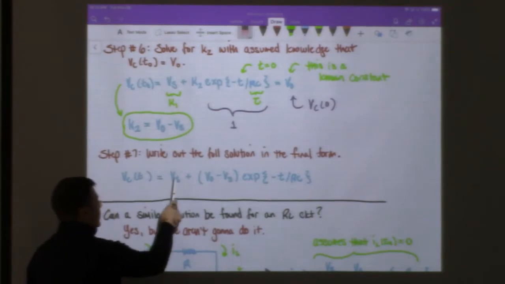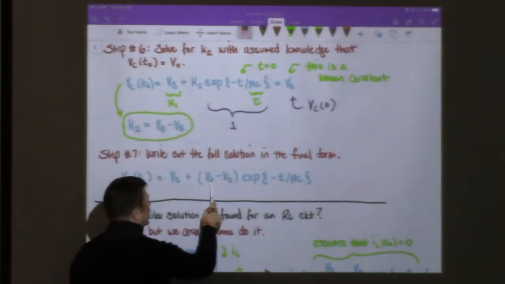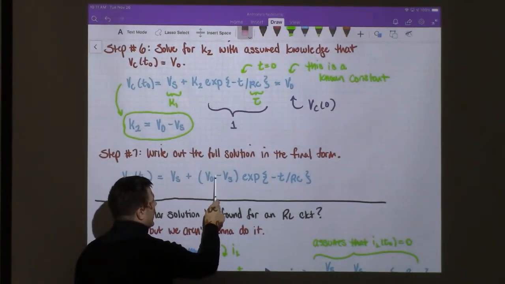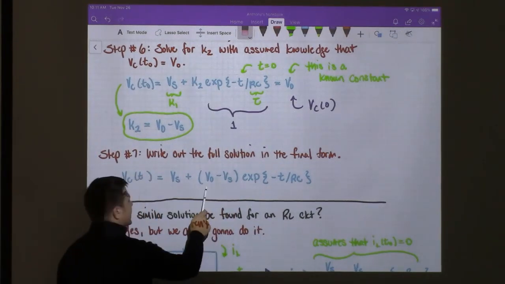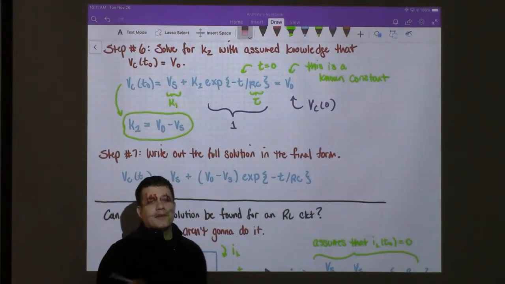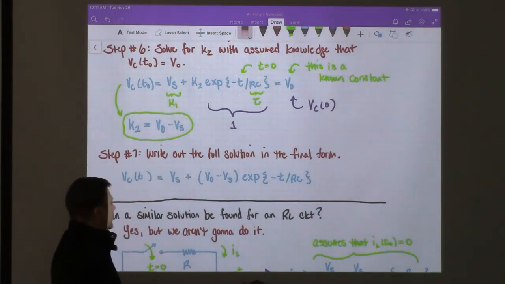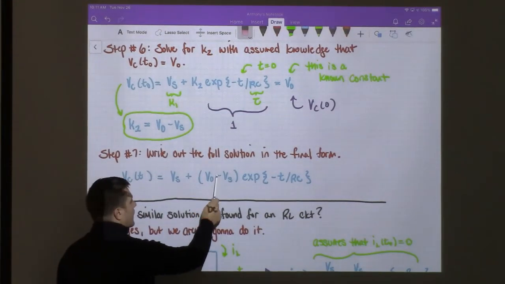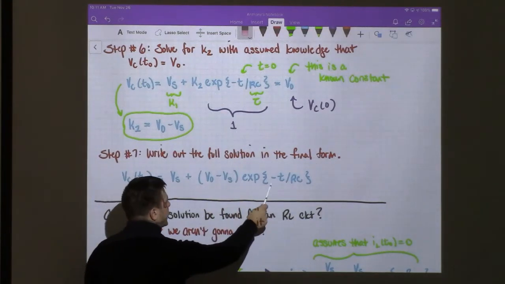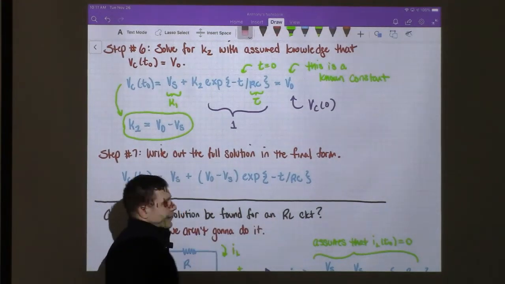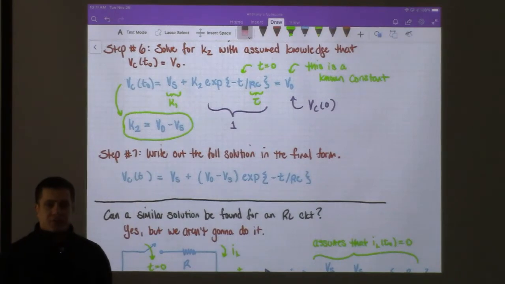So K1 is Vs, K2 is the initial condition, V0 minus Vs. I guess it's a 0, not an O. So V0 minus Vs, e to the negative t over RC. And we have our solution.